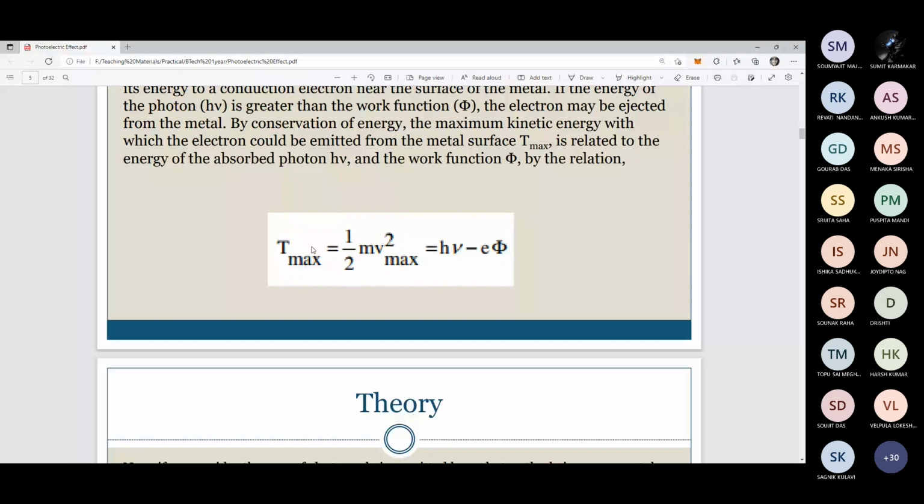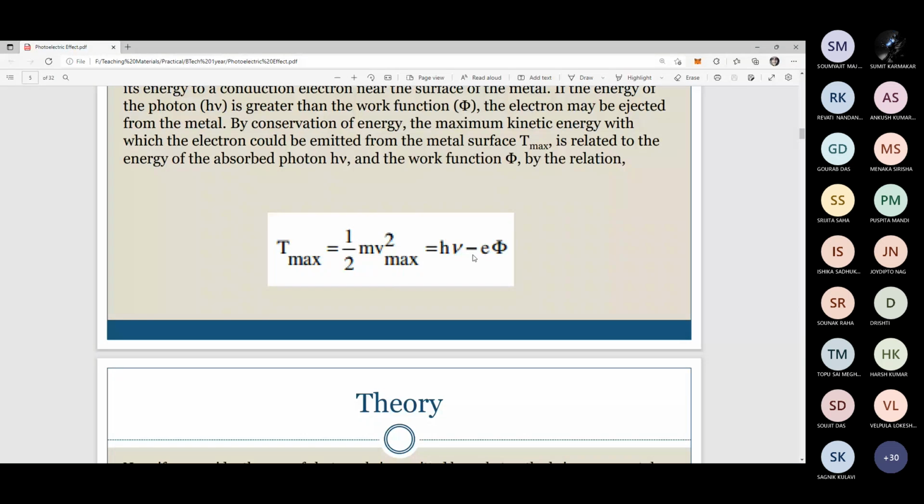So kinetic energy, that is half m v squared, is equal to h nu minus e phi, where h nu is the energy of the photon. This photon will collide with the electron and give its total energy to the electron. Then it will be knocked out of the material, and when it is knocked out, its kinetic energy is this.